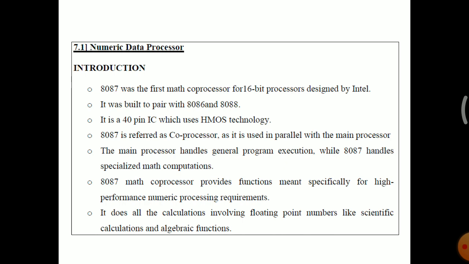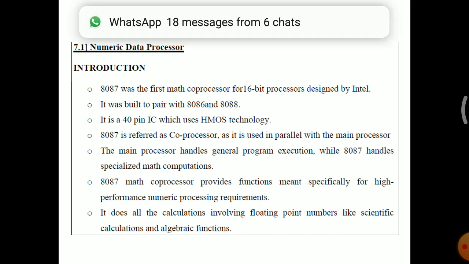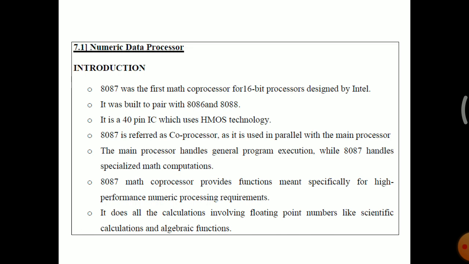What does the math coprocessor do? Let us understand. Starting with 8087, it was the first math coprocessor for 16-bit processors as mentioned, that is 8086 and 8088.